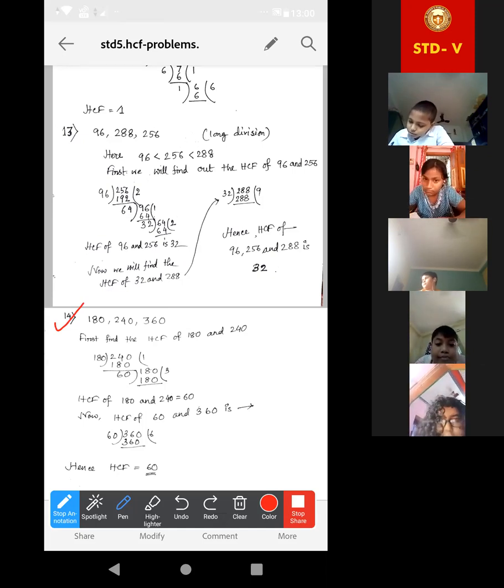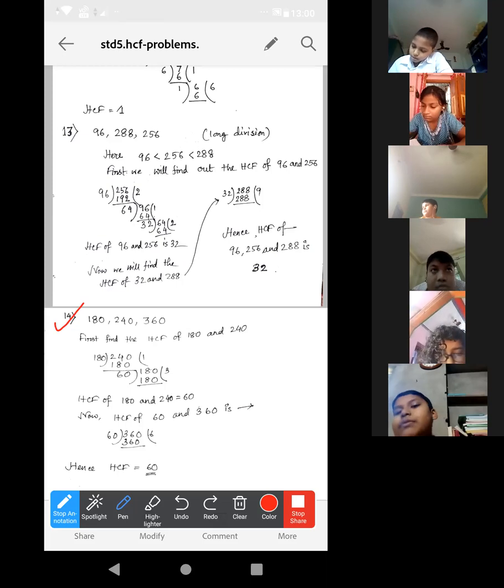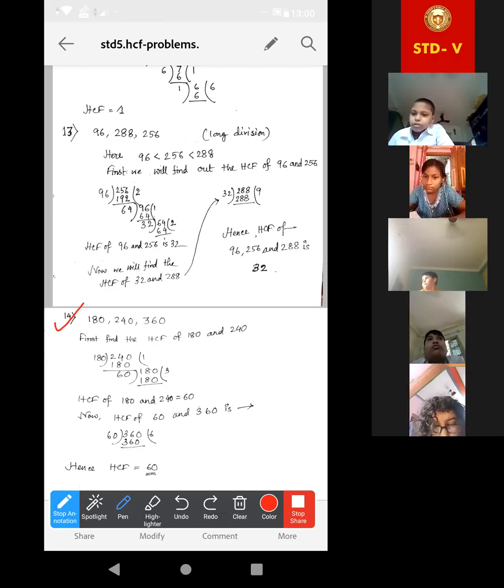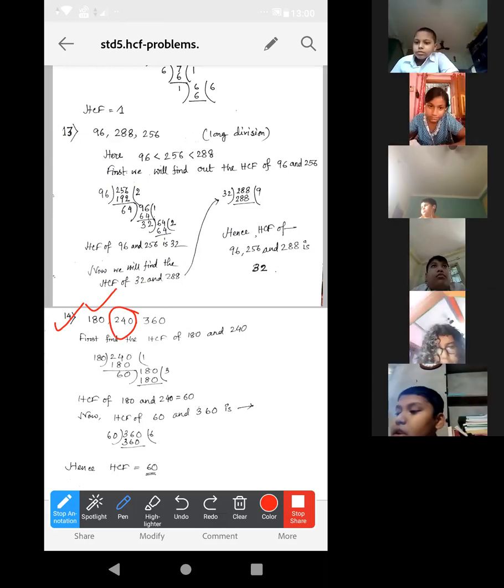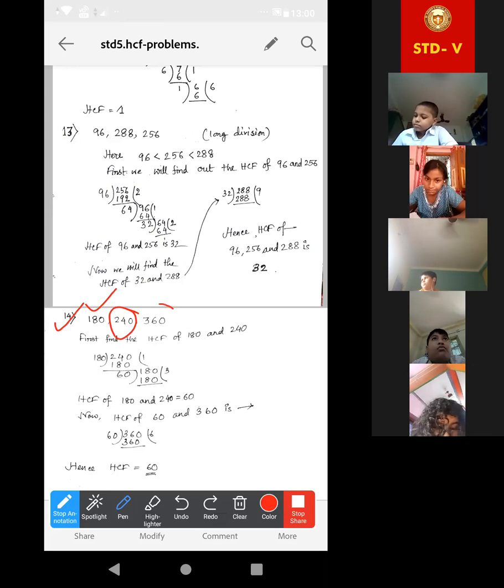This one is very easy, even no need to explain. 120, 240 and 360. First divide this 240 by 180, find the HCF. After that, divide this 360 by that HCF.